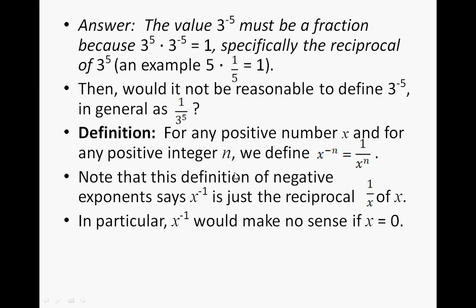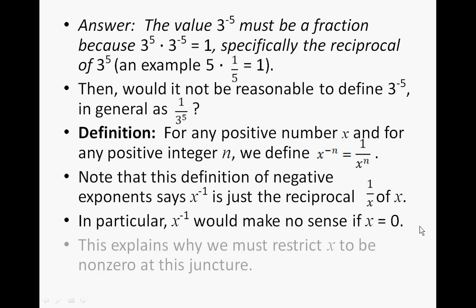This has to be for any positive number x. So x in this case still has to be a positive number, because if x was equal to 0, we can't have 1 over 0. It's undefined. So this explains why we still must restrict x to be a non-zero number at this time. So in our definition, for any positive number x, basically, it's any non-zero number x for right now.